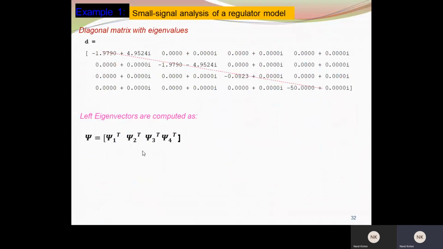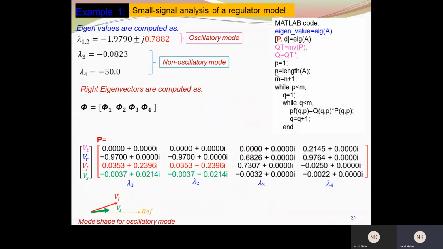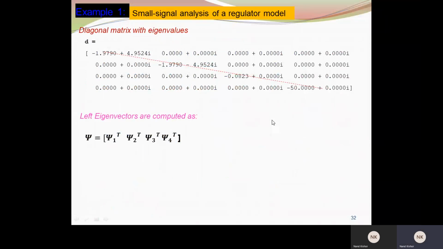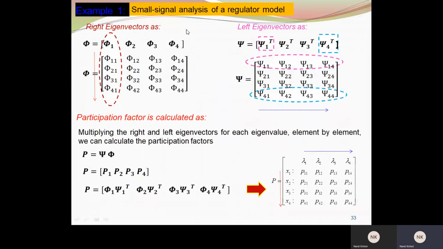We had it from the previous MATLAB code, and then we have the right eigenvectors matrix, and as I said, row-wise it corresponds to the state variable, and column-wise it corresponds to the eigenvalue.